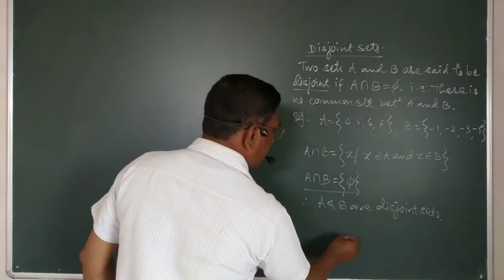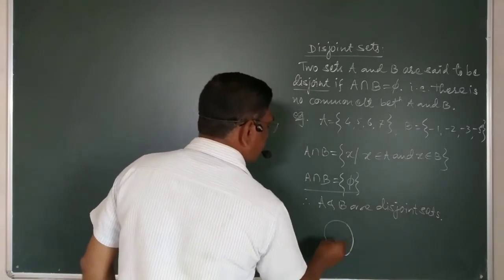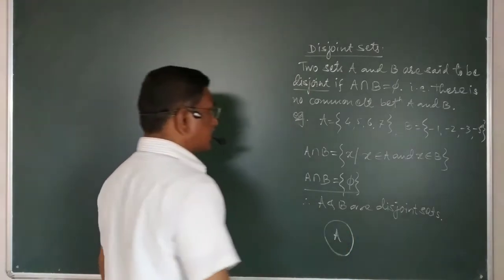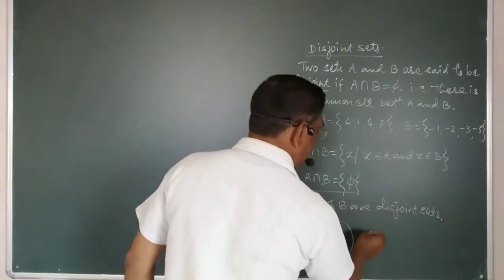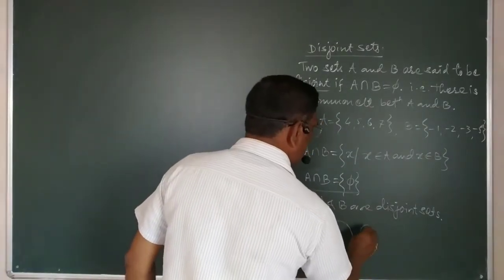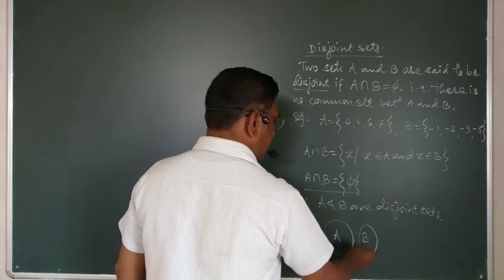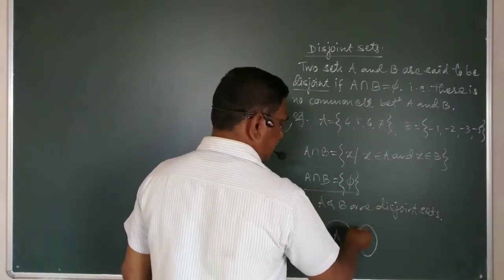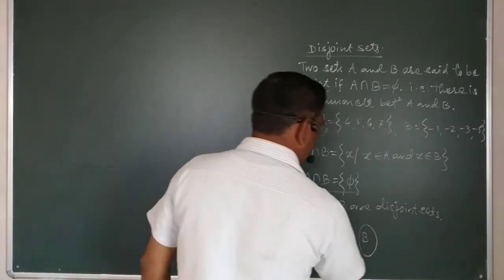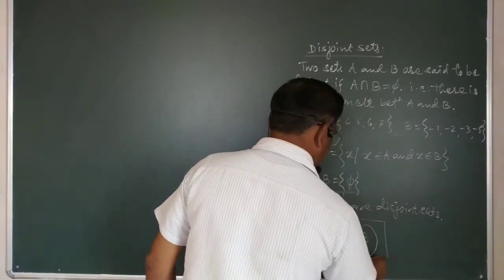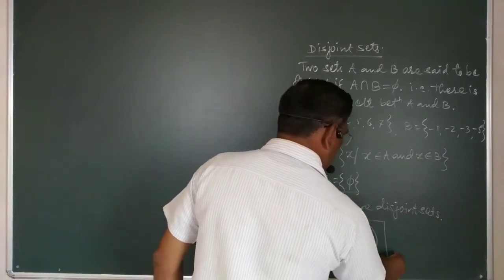By using a Venn diagram, you can write this like this: A, and here is B, and their intersection does not have a common element, means they are separate, they are different.